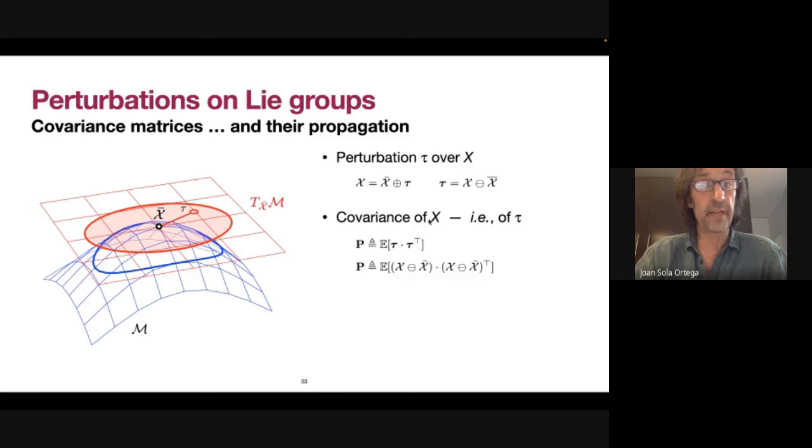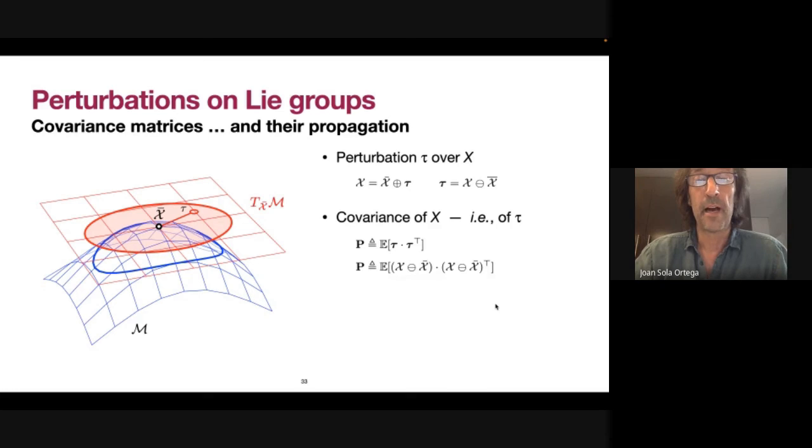The covariance of X, we will define it through the covariance of tau, because this is a vector. So we apply the definition of covariance for tau, and we substitute tau by X minus X bar, and this is the covariance of X. If I use these fancy operators, it is because if X were a member of a vector space, this would be a regular minus, and this is the typical definition for a covariance matrix.